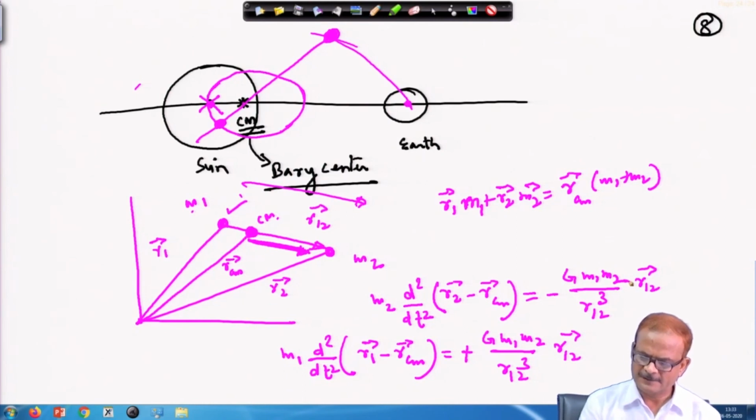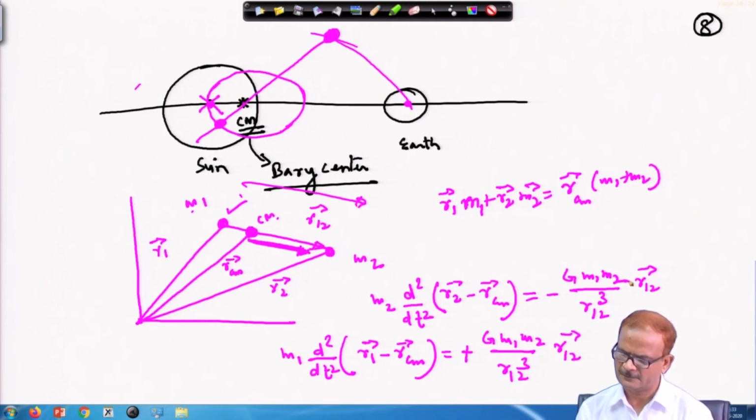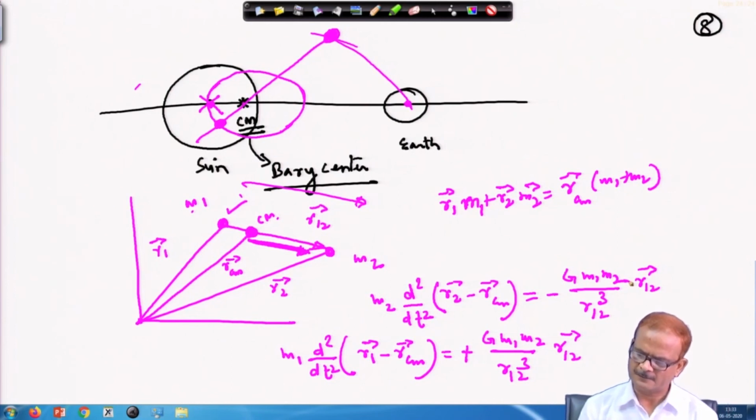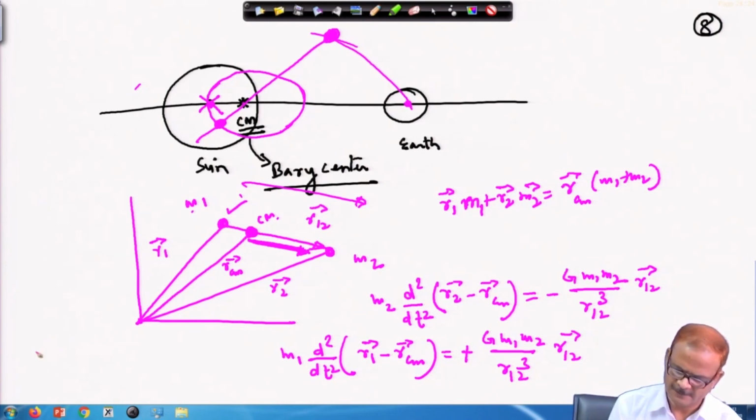What is changing? Even in the absolute motion, when we were considering it, on the right hand side we got the same term. Here we are taking the motion with respect to the center of mass, so the same thing is appearing, nothing different. And if you add them, or if you subtract, you will get the same relative motion shape.